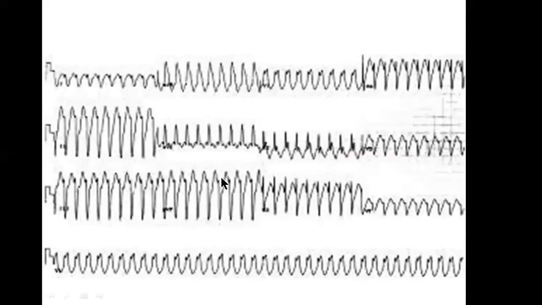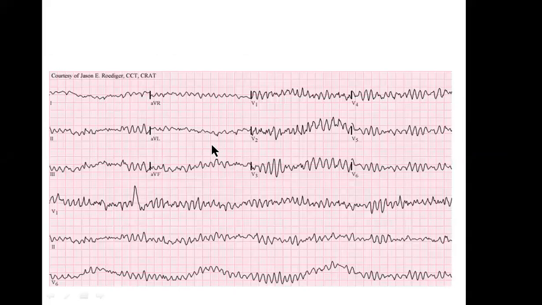This is another slide. What is the diagnosis? Yes, VT. This is VT. What is the diagnosis? What is the rhythm? Exactly. This is ventricular fibrillation. No particular pattern of the waves.